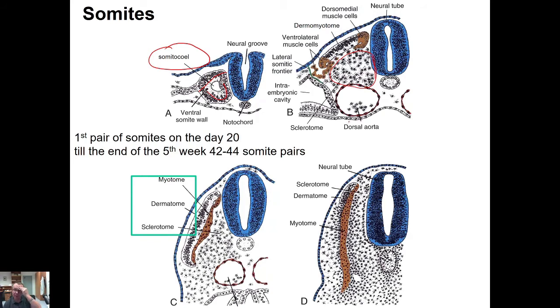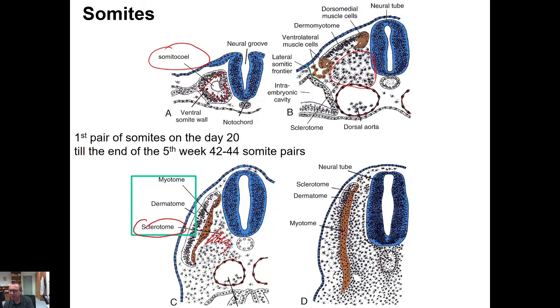This tissue can develop from many sources, and one of them is this ventromedial part of each somite. This part of the somite, which very early transforms into mesenchyme, is called sclerotome. Here is the sclerotome, and it will later be a source of bone and cartilage mostly. It is mesenchyme here.